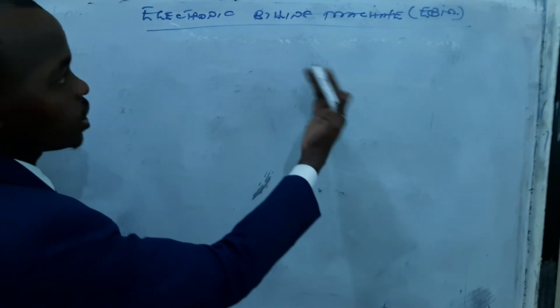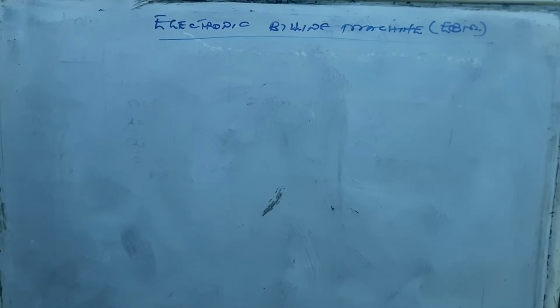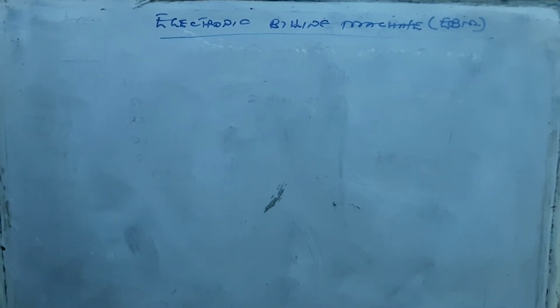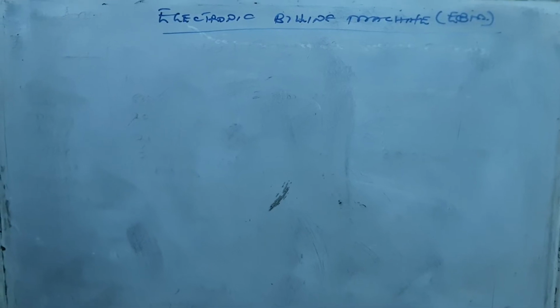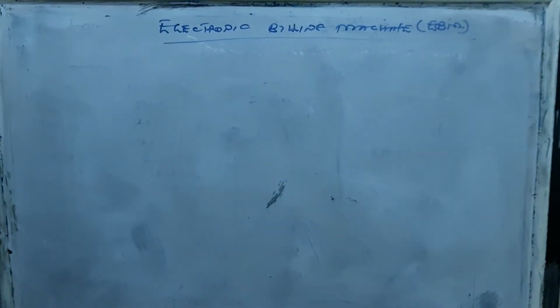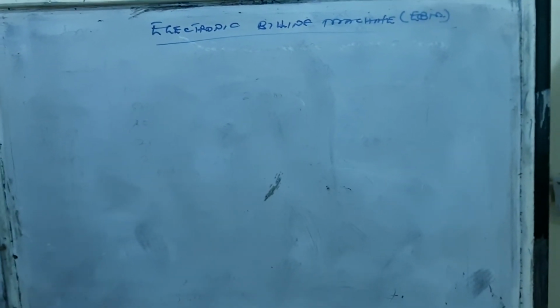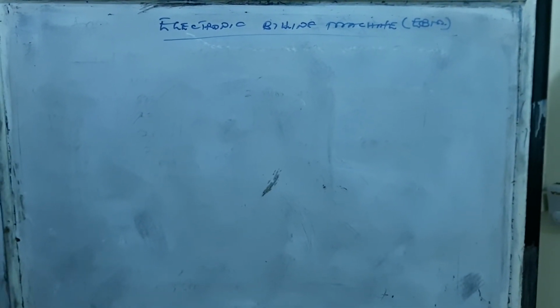Let us look at the EBM machine, electronic billing machine. It is one of the digital ways that the government has employed so that payments can be done electronically and they can track the sales of those who are in business. The EBM is an electronic billing machine which comprises two major components.